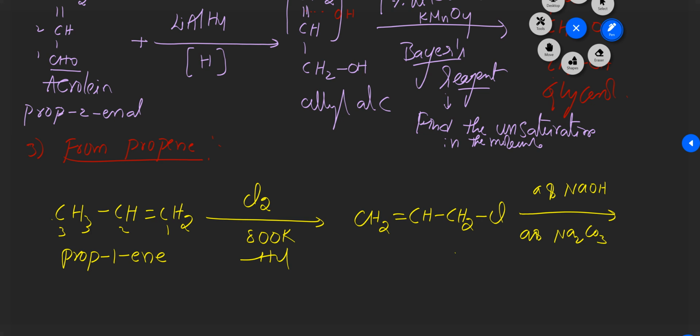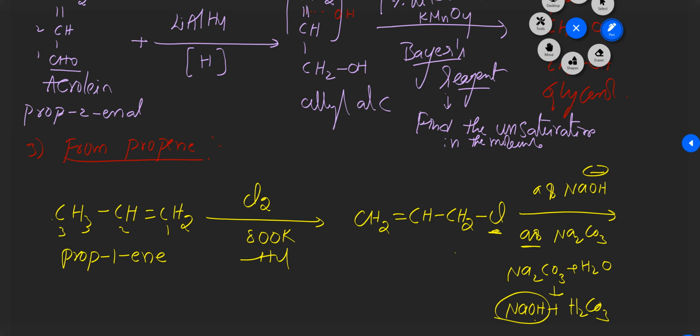Aqueous means the presence of water. Na2CO3 plus H2O, what will happen? It forms NaOH plus H2CO3, so indirectly we are adding the base. It acts as a base, and a nucleophilic substitution reaction takes place. So where will the nucleophile be present?